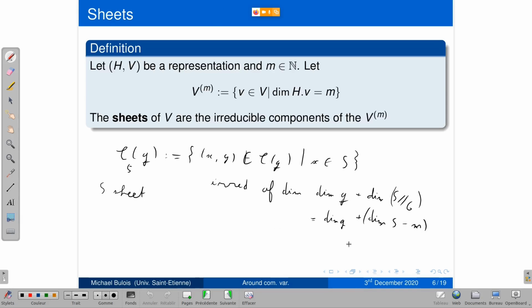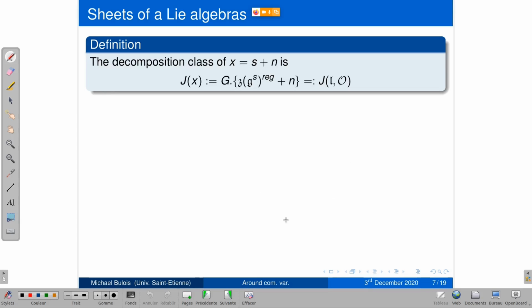Okay, and the rest of this section is dedicated to the study of these sheets in the Lie algebra case and in the symmetric Lie algebra case. So first, the Lie algebra case, and there are some decomposition classes, as I said. Here you consider the Jordan decomposition of an element, and you will look at all the elements with similar Jordan decomposition up to the action by G. So what does it mean? If S is diagonalizable and N is nilpotent, let's say in GLN, but it works over any field, just to set up the idea.